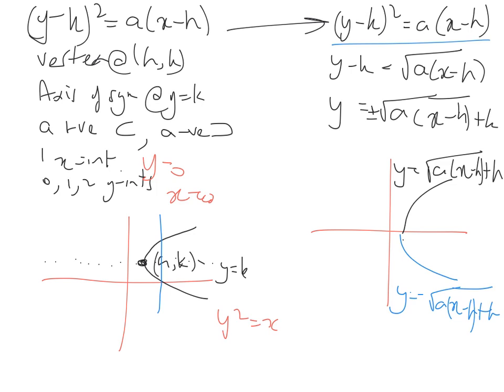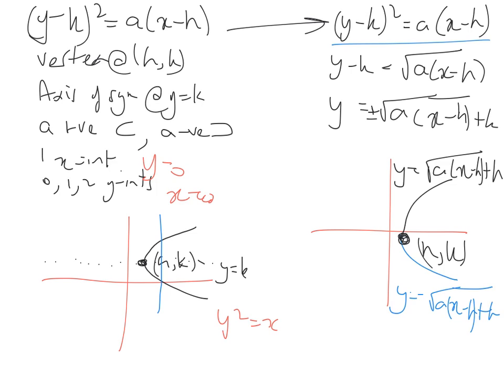Now, like h and k with a vertex here, h and k is kind of like the starting point. So this point here is h and k. That's where it starts off from.